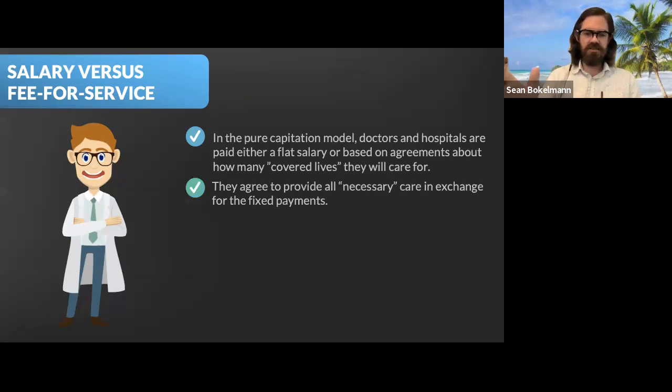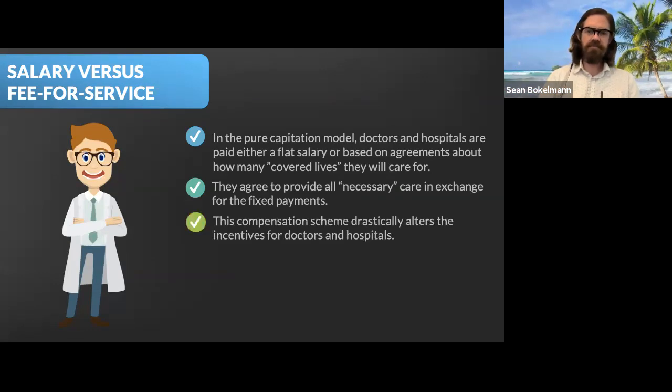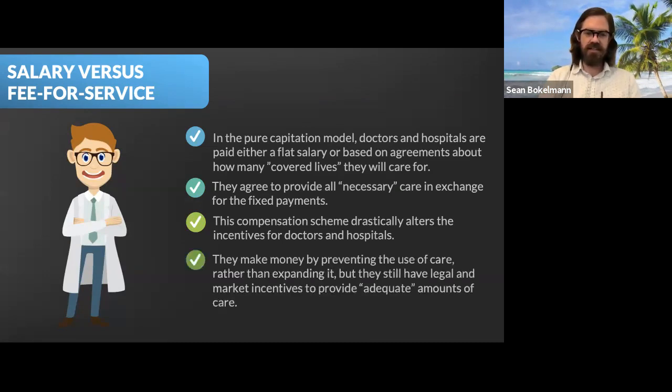And regardless of how many people it is, they agree to provide all of the necessary care in exchange for the fixed payments, whether it's salary or per person type payment. So this obviously drastically changes the incentives for both doctors and hospitals. And the outcome is pretty severe, right? Compared to fee for service, where they're motivated to provide extra care that may be unnecessary.